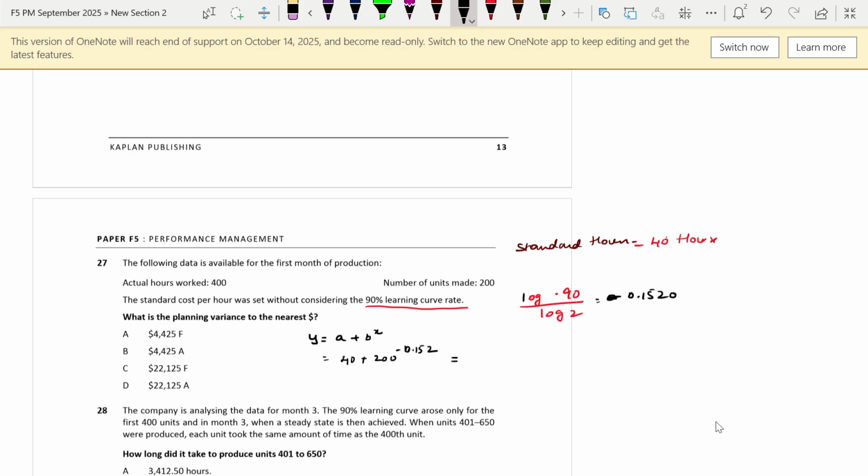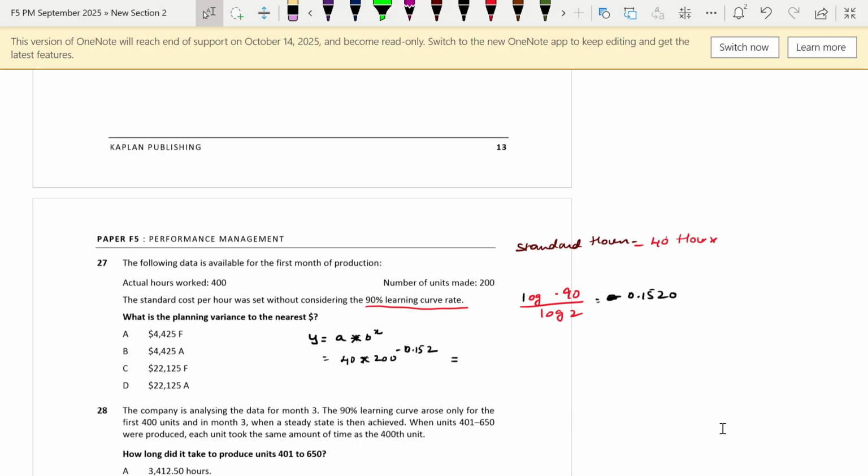No, check again. 40 times 200 to the power of minus log 0.9 divided by log 2.